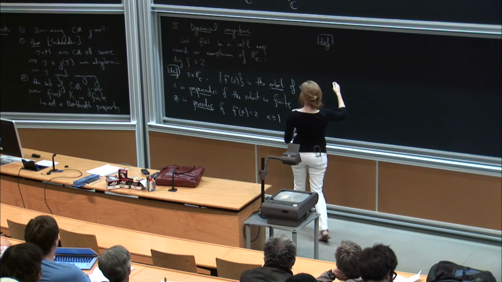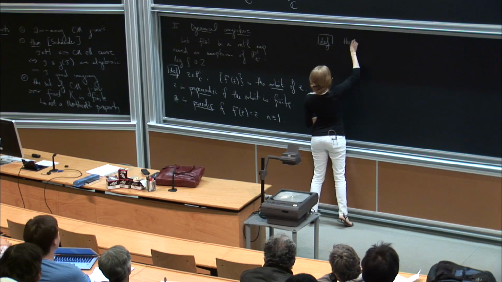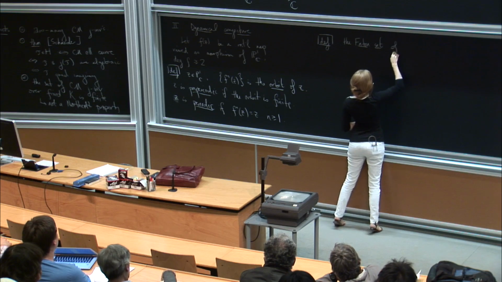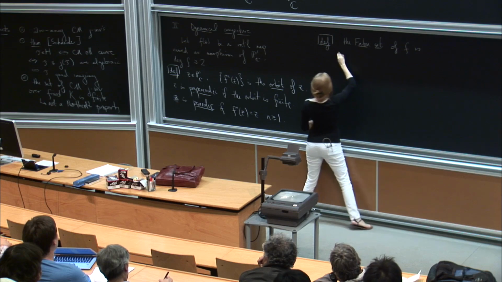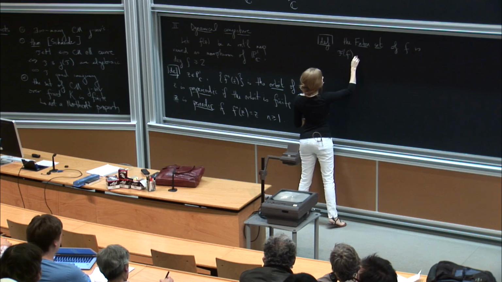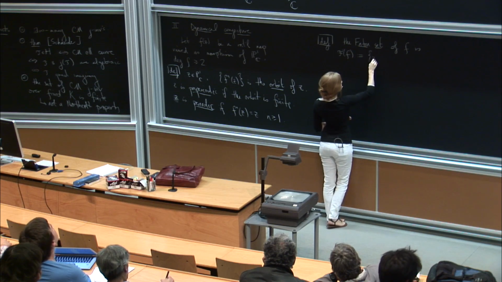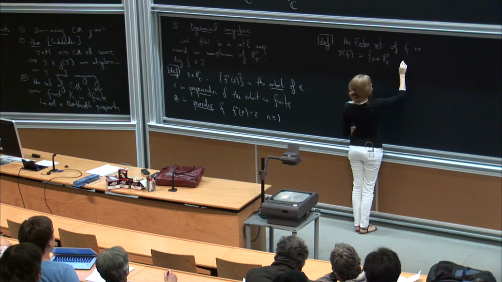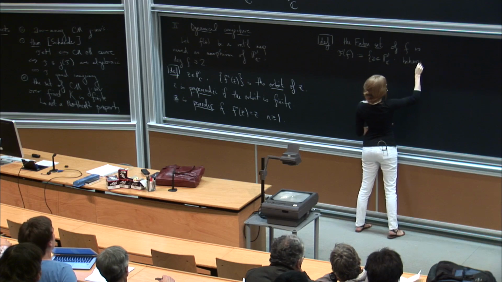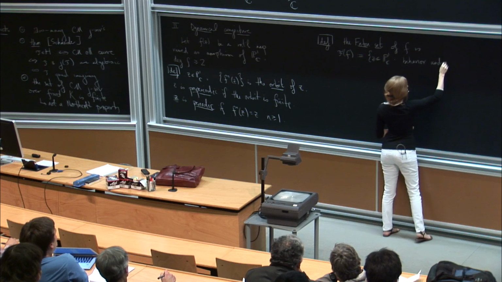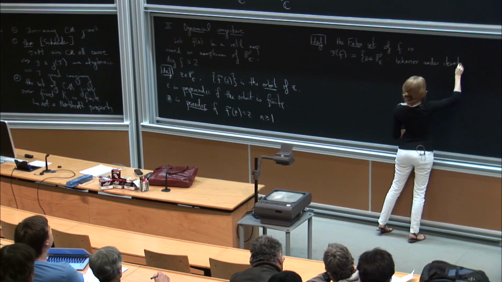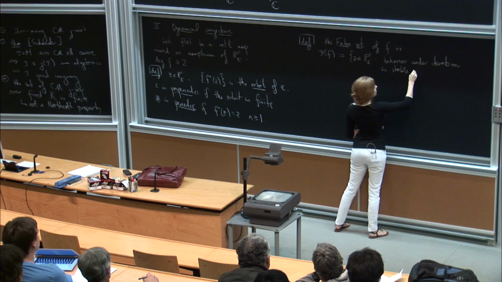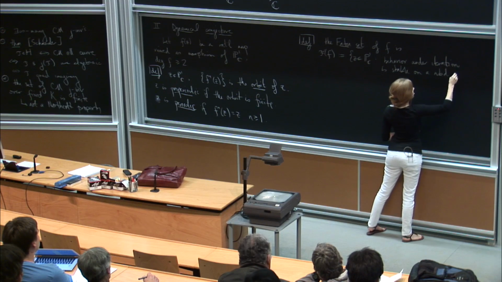All right, so accordingly, we define the Fatou set of f to be the collection of points in the Riemann sphere such that behavior under iteration is stable on a neighborhood of the point.